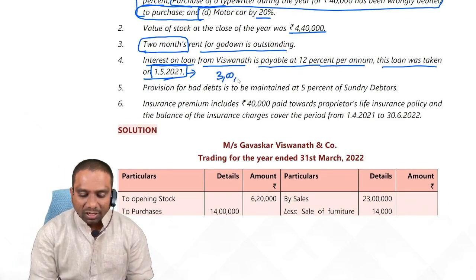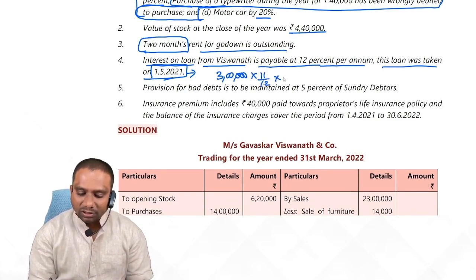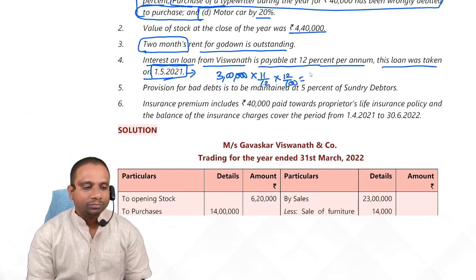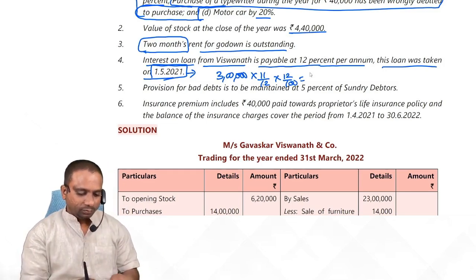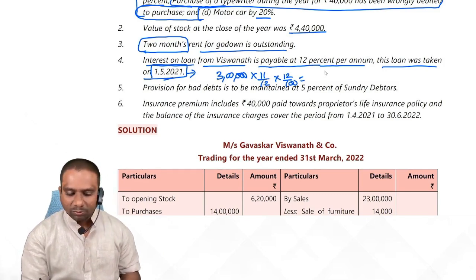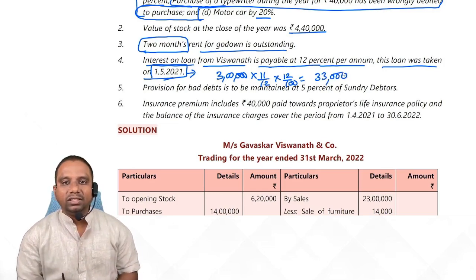So for 3 lakh, calculate 11 months interest, 11 by 12 at the rate of 12%. How much, students? 3 lakhs into 11 by 12 into 12 by 100. So it comes around 33,000.